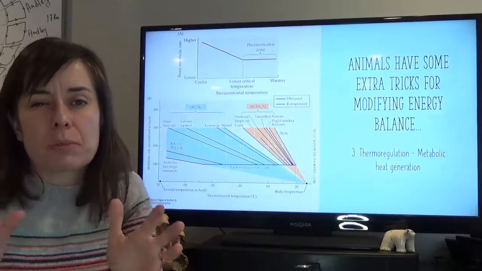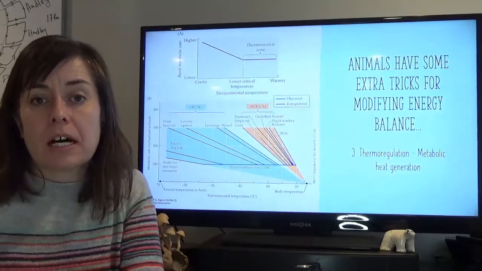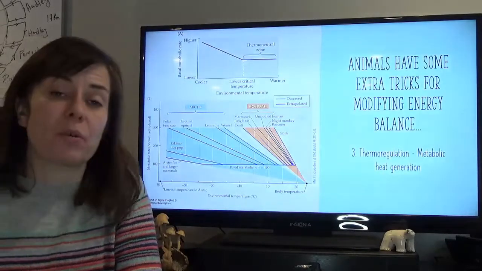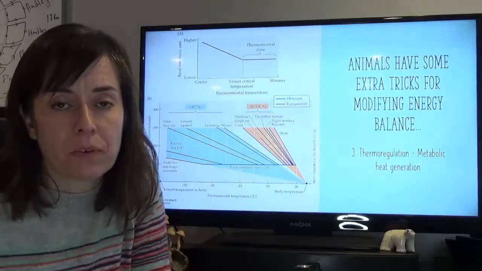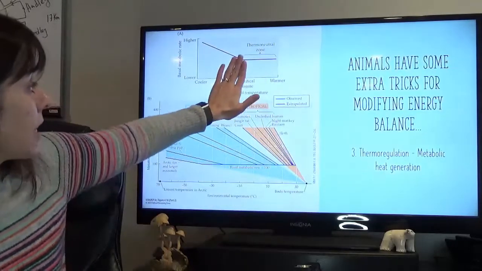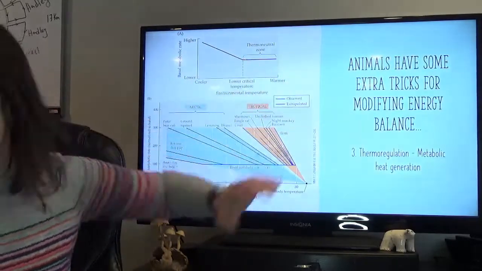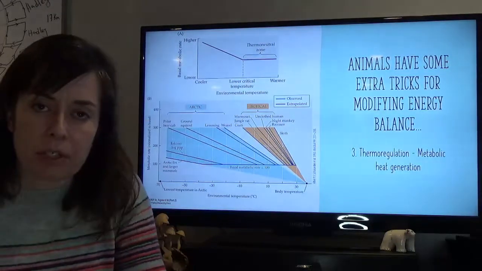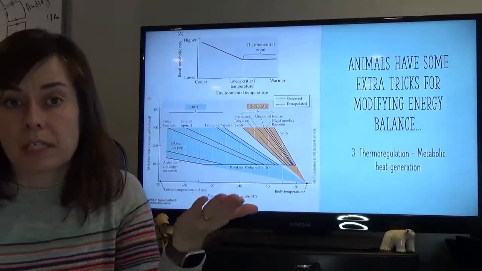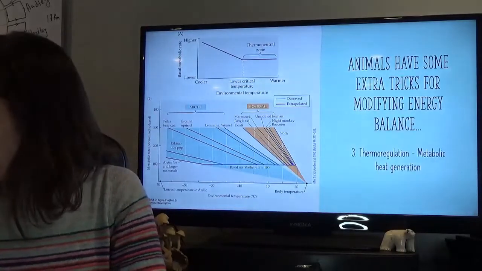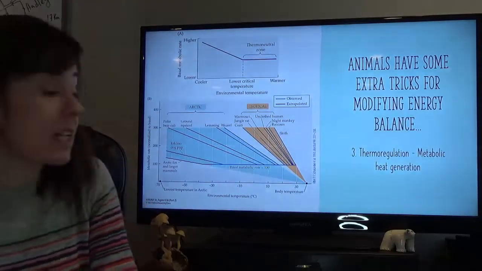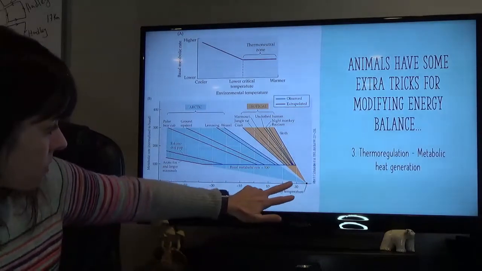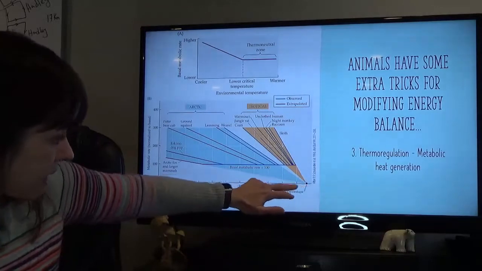These small behavioral modifications are fine for maintaining optimal body temperature. And then we move past this lower critical zone, and all of a sudden heat loss is greater than metabolic heat production, and the body has to really increase its heat production to maintain body temperature.